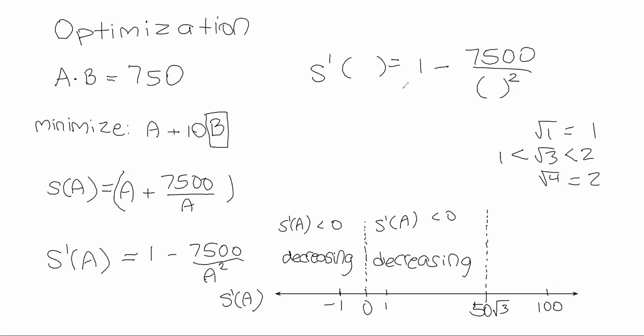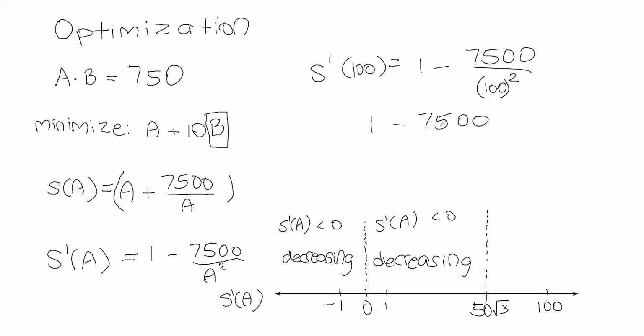So I want to pick 100 as my value, and then do the same thing I did with the other ones. I'd like to find s prime of 100. So we have 1 minus 7,500 over 100 to the second power.